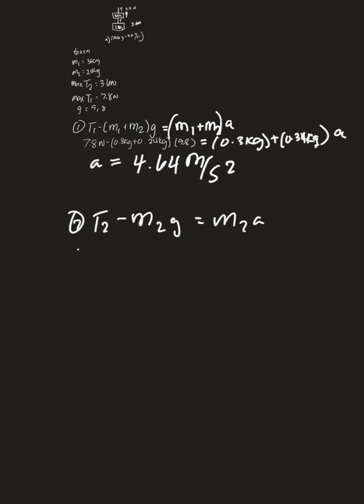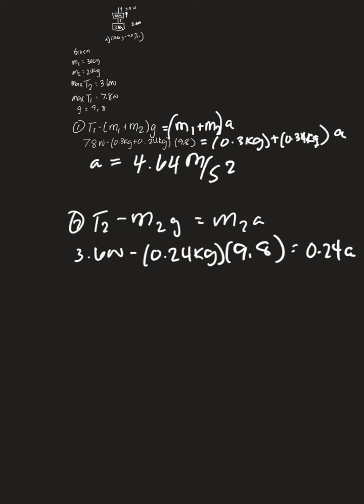So you do 3.6 newtons minus 0.24 kilograms times gravity equals 0.24 times acceleration. So what you would do is you multiply this and you get acceleration equals 5.2 meters per second squared.